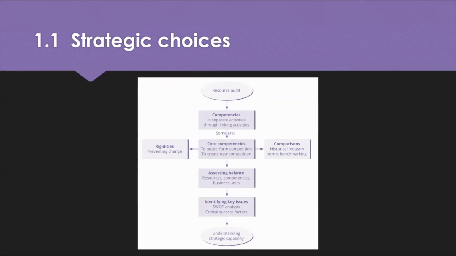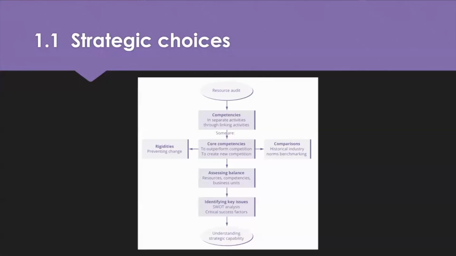And you can do this by doing a position audit, which you can see on the screen. So a position audit is an analysis of where are we today, where do we want to go, and how are we going to get there? So you look at your competencies. Some are core competencies and some are not. Looking at the balances, identifying your strengths and weaknesses and your critical success factors. But you do have these rigidities and comparisons.